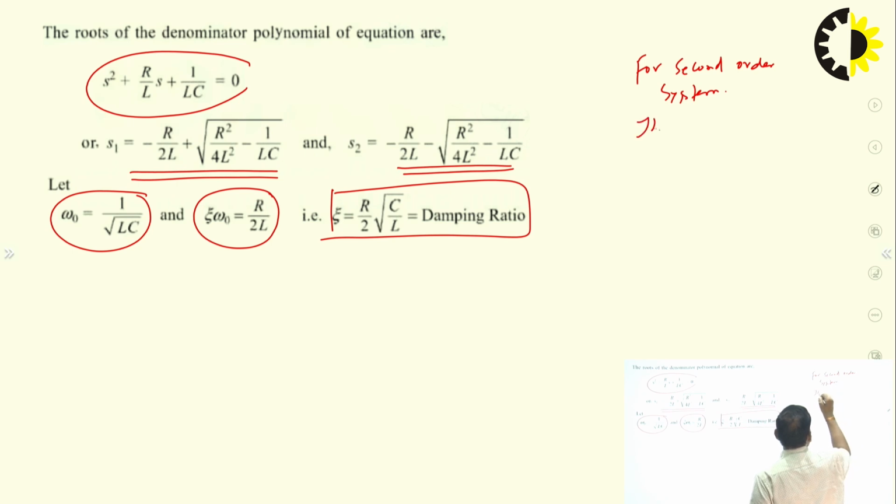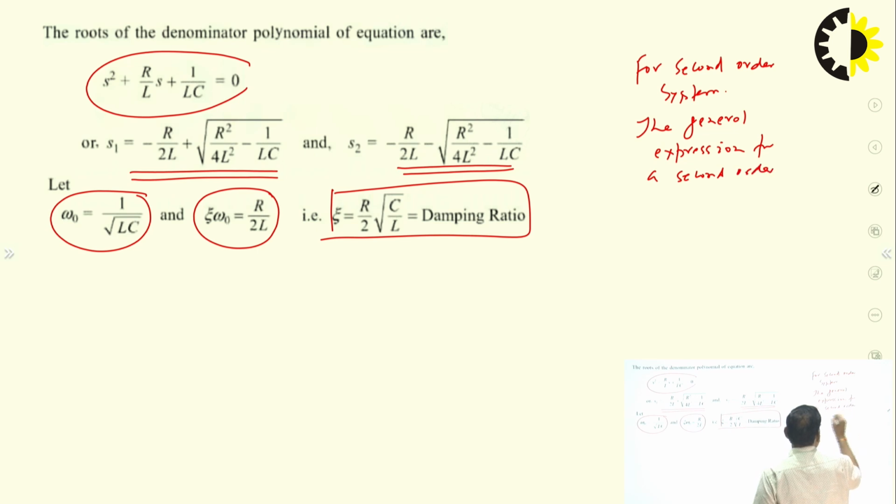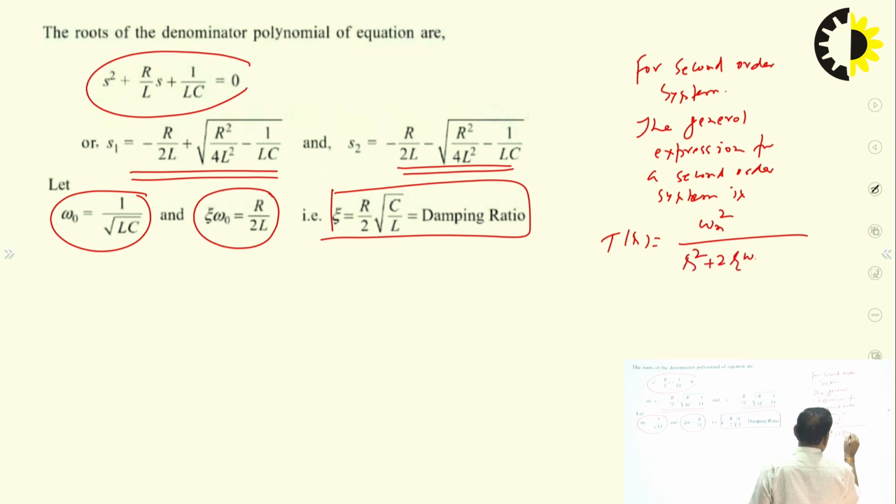The general expression for a second order system, suppose the transfer function, is omega n square over s square plus twice zeta omega n s plus omega n square.